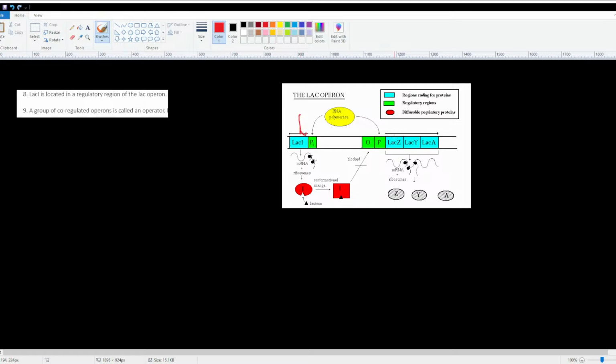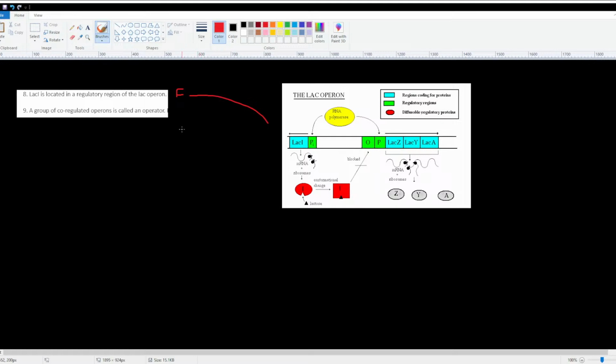So the lac I is therefore not going to be in the regulatory region because look, in this green we have the regulatory regions P, I, O, and P. So these regions are actually what's going to be regulated. These regions code for proteins. So whenever we see lac I, lac Z, lac A, lac Y, these are regions coding for proteins, not regions that count for regulation. So number 8 is going to be false, therefore.